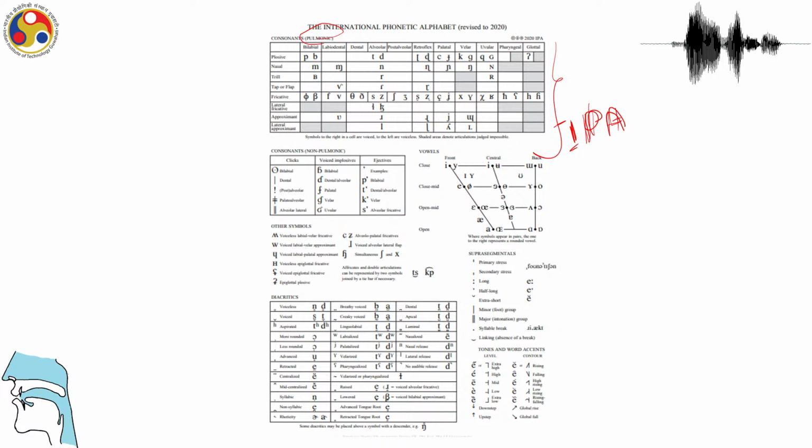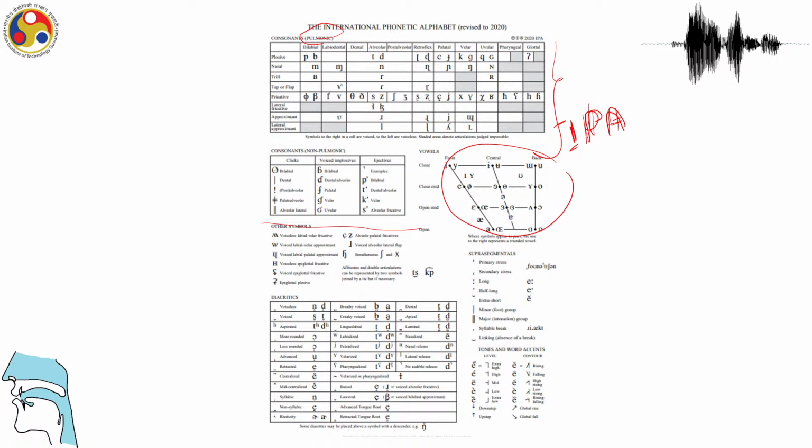And then we also have the non-pulmonic airstream sounds, and then we have the vowel chart, and we have a few other symbols which are quite unique in the way they're produced. The voiced labial-velar approximant and the voiced labial-palatal approximant, and we tried to discuss those sounds when we discussed the sounds of the world's languages.